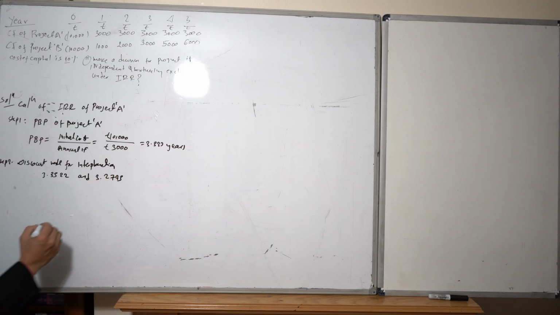So that means we have two present value annuity factors.